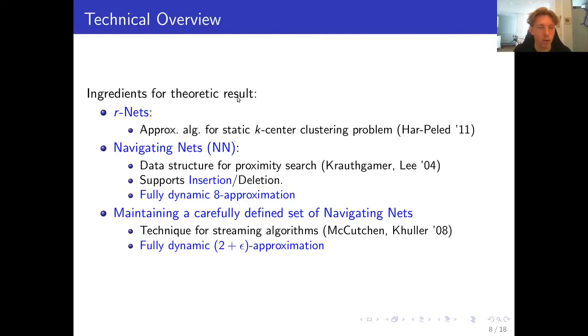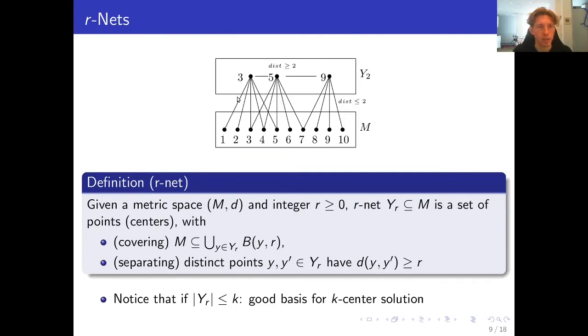And yeah, you can obtain a fully dynamic 8 approximation with this navigating net data structure. And our contribution was to improve this to a 2 plus epsilon approximation with a technique which was initially invented for streaming algorithms by McCutchen and Khuller 2008. So this was this incremental thing.